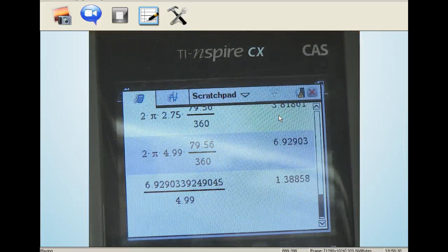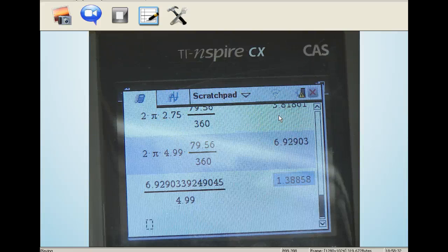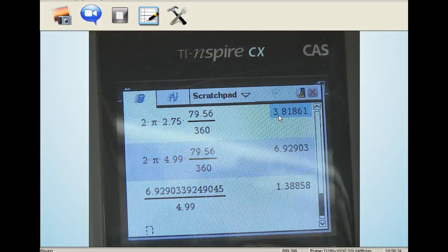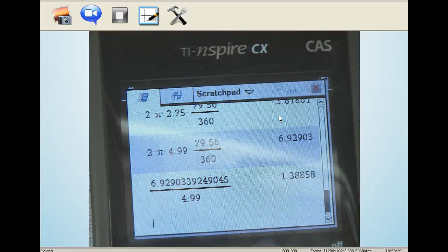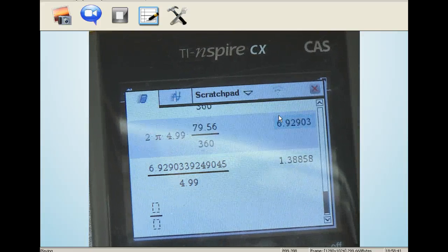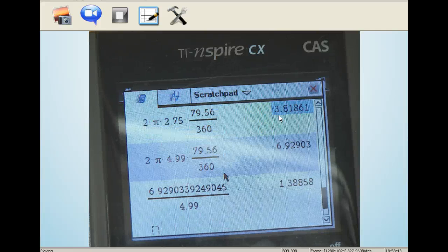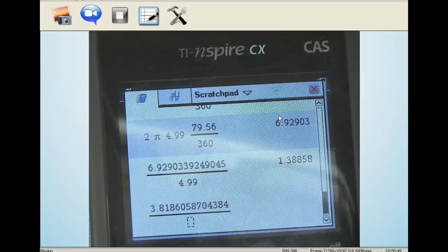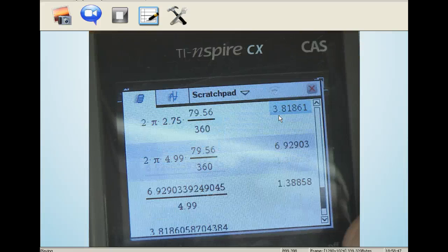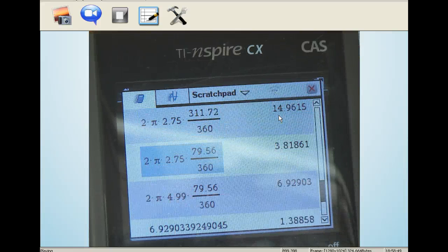What about when we did the same measured angle? But in this case, let's come down here. Hold on. Control divide. Let's write our ratio with that measure over 2.75.